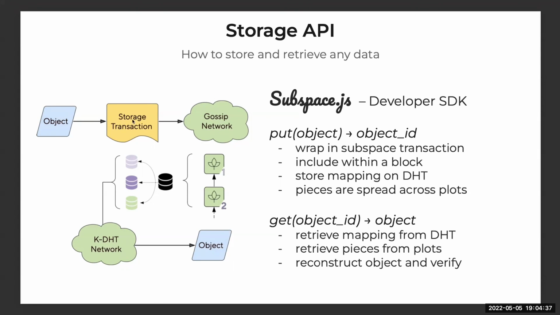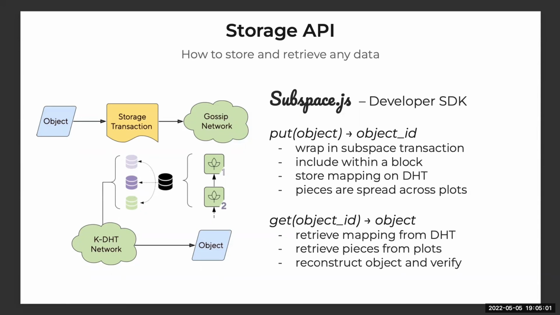The object will get wrapped into a transaction. We have a special transaction, which is basically like a call data transaction in Ethereum. And this transaction will be gossiped to the farmers. The farmers will include it in a block. The block will then make it into the history. It'll get archived into the plots. It will be addressable within the DHT.